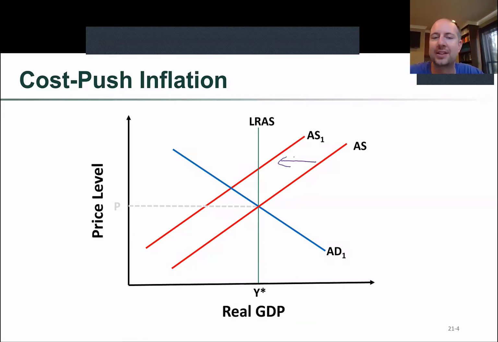Let's think about what happens there. When we start off in initial long-run equilibrium and aggregate supply shifts left, we wind up here. That means we get a decrease in GDP, so an increase in unemployment, and an increase in prices, which means inflation.